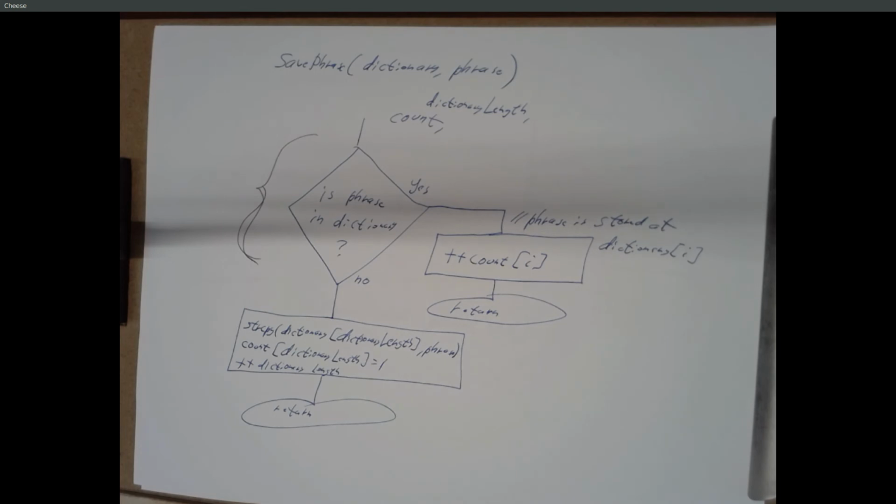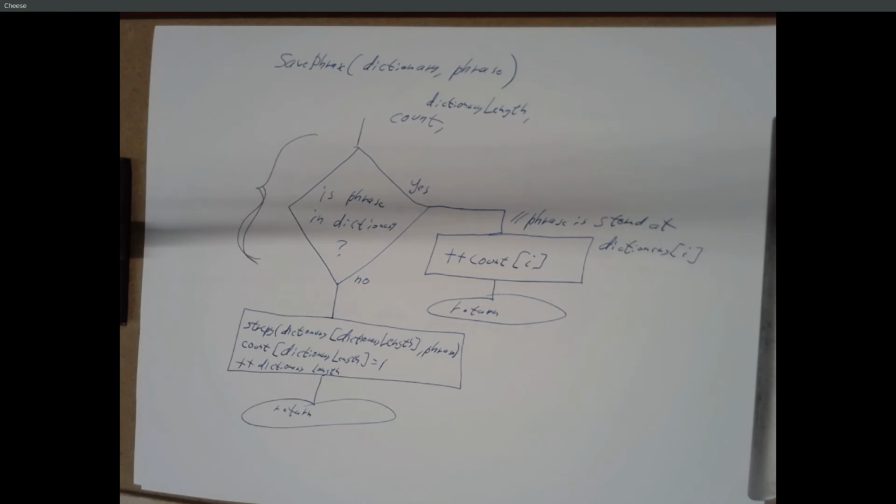So make a for loop for I equals 0, I less than dictionary length, I plus plus. If 0 equals string compare, dictionary[I], comma phrase, you found the phrase. Where is it? It's at position I. If you go all the way through that loop and you haven't satisfied that if condition, then you know it's a new phrase. And so you go ahead and you add it to the end of the dictionary.